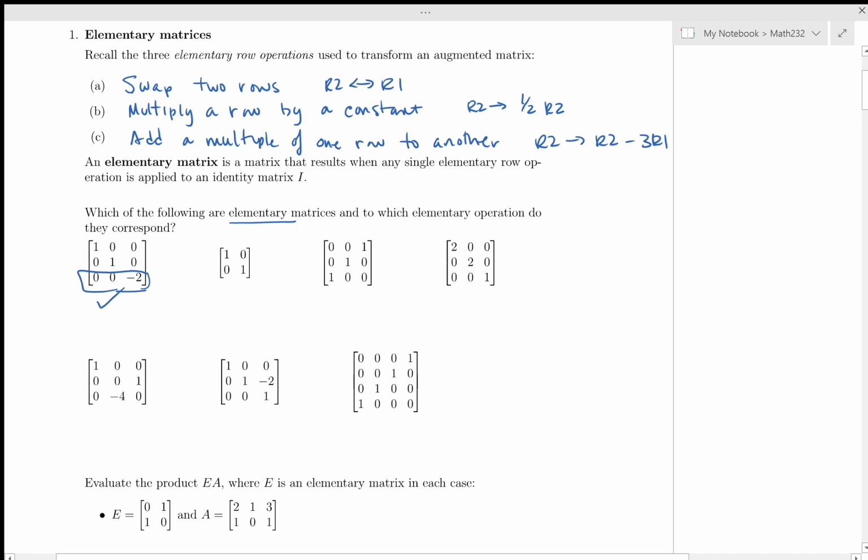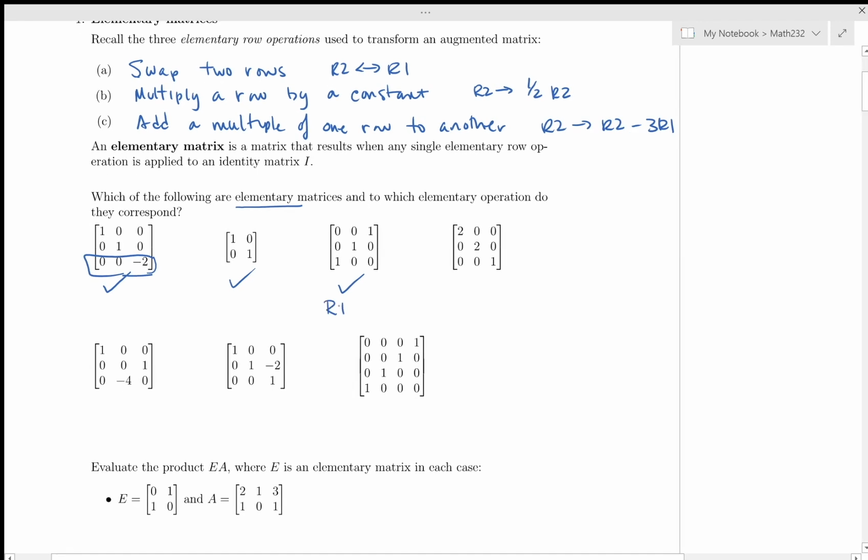So that has one elementary row operation applied to the identity matrix. Tick, this one is too; you could think of this as one row operation, row 1 multiplied by 1, for example. This is an elementary matrix. What has happened here? Which of these 3 operations has been applied to I to give us this? Row 1 and row 3 have been swapped.